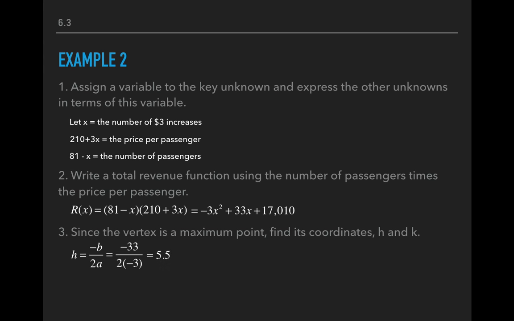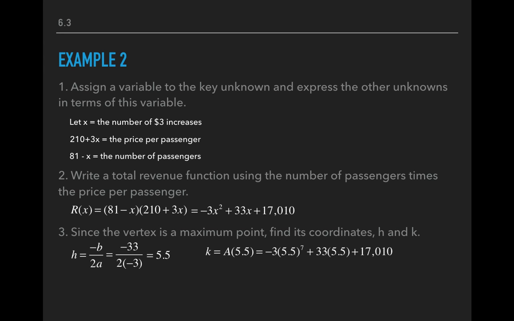That is the x of our vertex. And what did x represent? It's the number of increases to your fare, and each of those increases is $3. So the revenue would be your amount, including those increases.